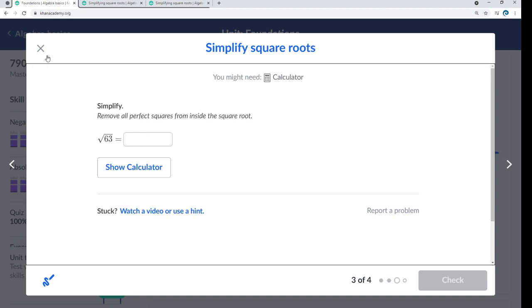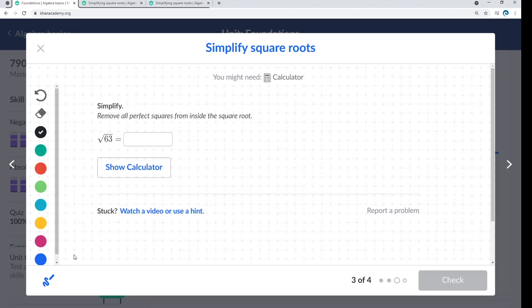63. Let's bust out the board here. So the square root of 63. Bust out the calculator. 63 divided by 2. Can't do that. Right.